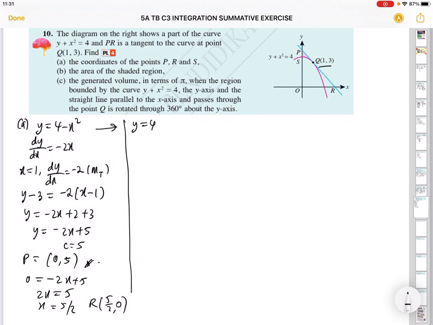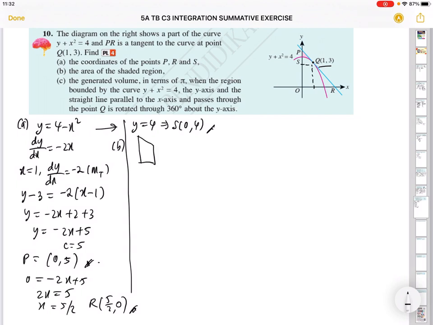Quite easy. To find the area of the shaded region, in this case, we have to move it down towards the x-axis because y is written as the subject, so it's easier to integrate y with respect to x rather than with respect to y. So to find the area of the shaded region, here I'll take a trapezium. This is a trapezium here. Then you minus this curve here.